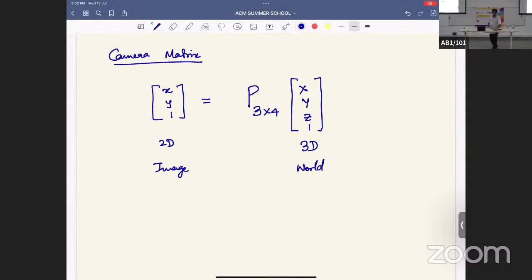The main challenge in inference problems, recognition and the other kinds of problems in computer vision, is the fact that we are only observing the image. One dimension is gone, and we want to make predictions about the world, which is a 3D world.